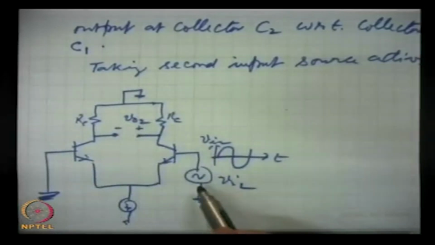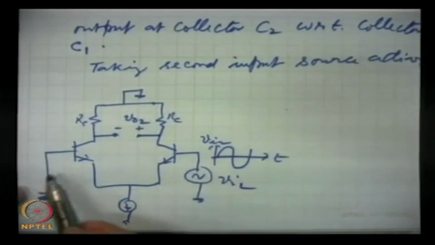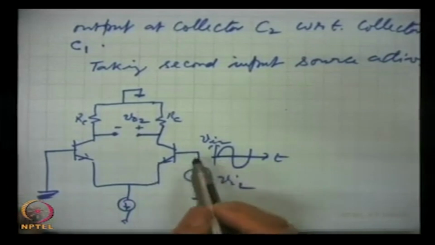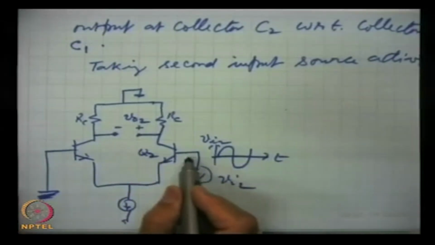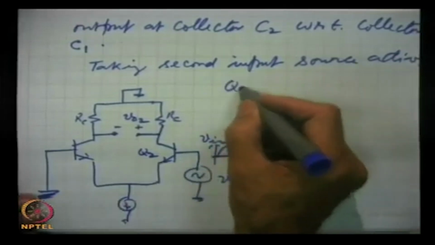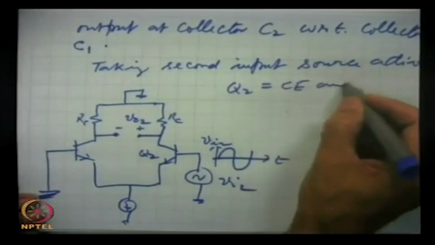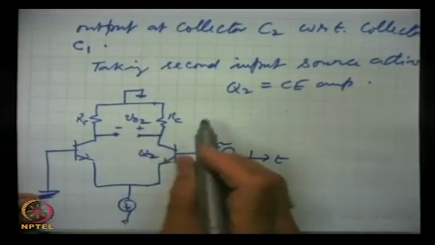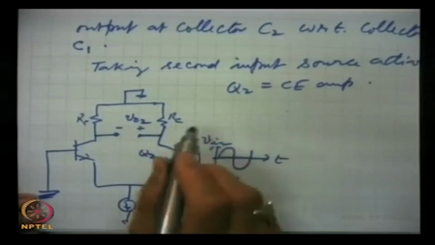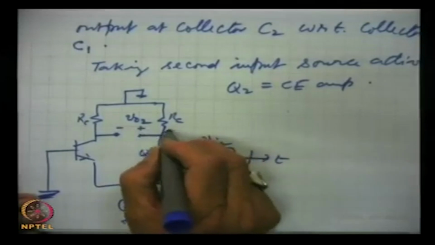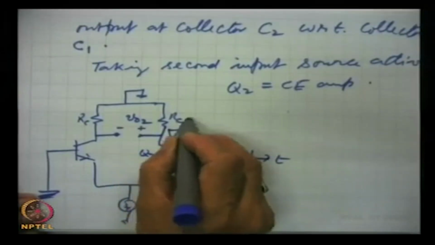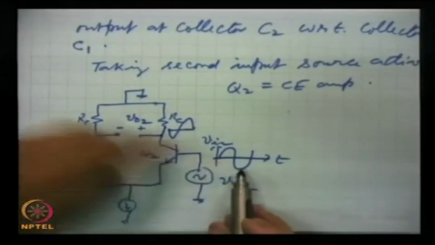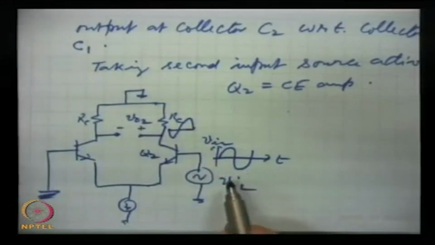When this input is active and this is grounded, now the roles will reverse. We are feeding the signal at Q2 at the base, taking it at the collector. So Q2 will be a CE amplifier and inverted output will appear here. For a CE amplifier, this is the input, and a phase shift of pi will appear at the output.